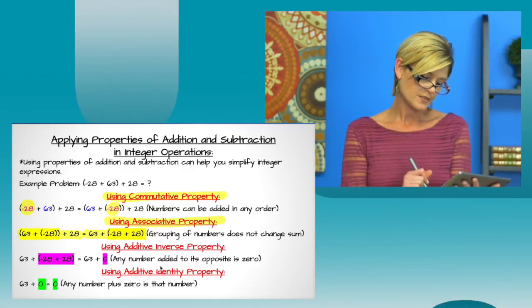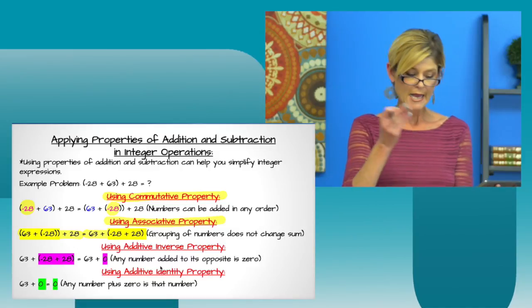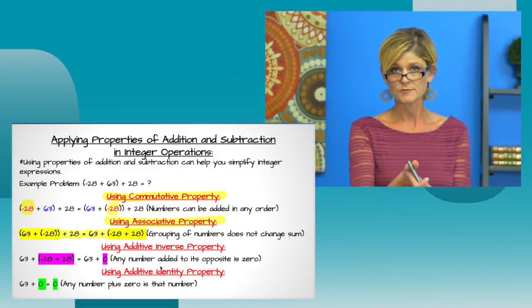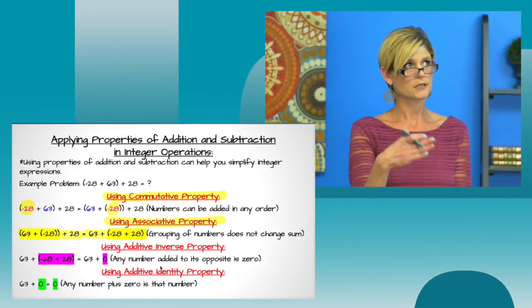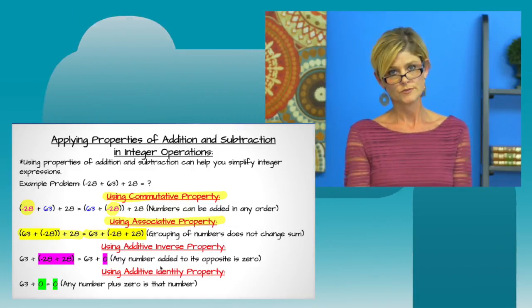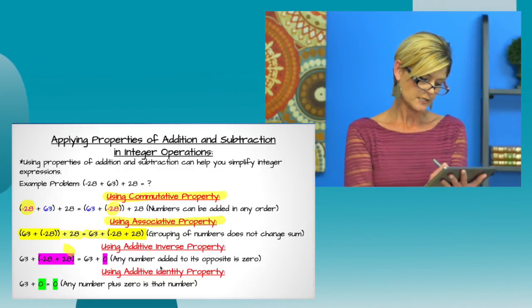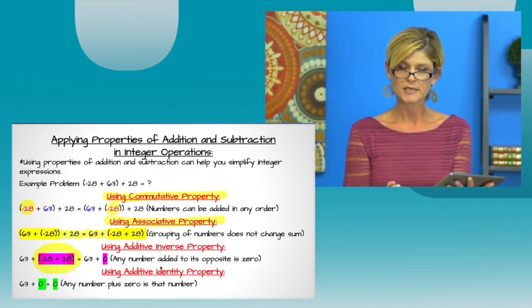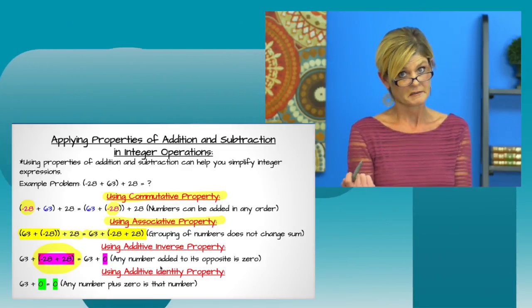So using the additive inverse property, that property tells us that any number added to its opposite is going to give you 0. So 5 plus negative 5, 0. Negative 10 plus 10, 0. So the additive inverse is going to help us here: negative 28 plus 28 gives us 0. Now we don't even really have to do any operations. That's kind of nice.